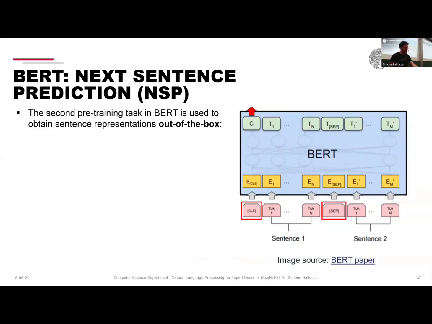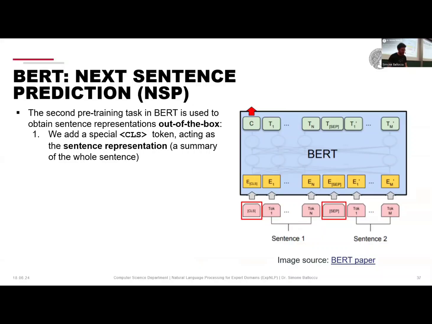The second one is next sentence prediction. It is used to obtain sentence representations. We have this special CLS token that we just showed, and it acts as a summary of the whole sentence, in our case a representation of the whole pair of sentences, because we have this separator token that separates 2 different sentences.